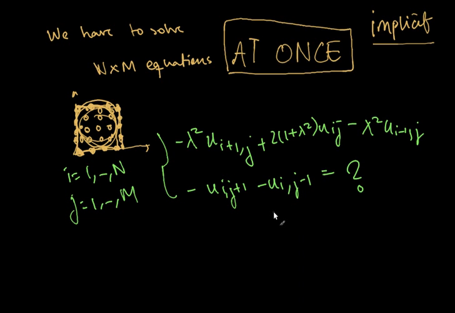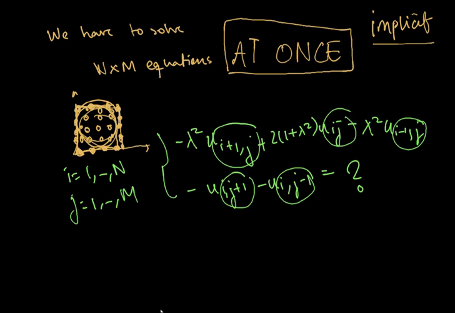So we essentially have to solve all n times m equations in one go. So we're not able to do some kind of update matrix equation where we start by solving one matrix for a fixed j and then a next matrix for the next j and so on. Here we have to do it all at once. And that is why we have to find a way of indexing these such that we are able to solve all n times m equations at once.